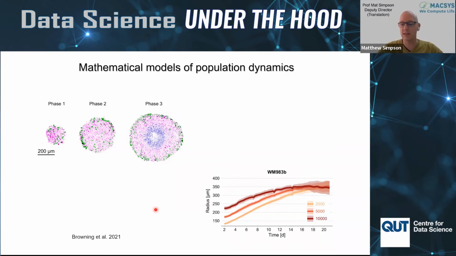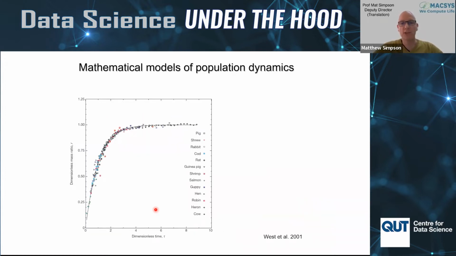It's also consistent with many other mathematical models. So not only do we see this kind of S-shaped growth taking place in tumour spheroids or populations of tumours grown in vitro in glass, we also see the same kind of ideas happening in vivo in tumours.